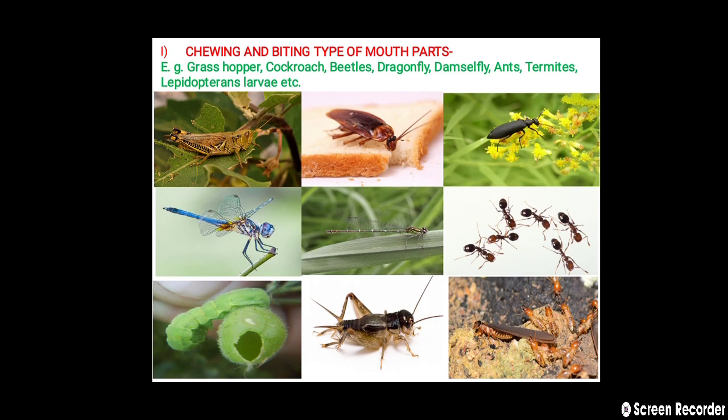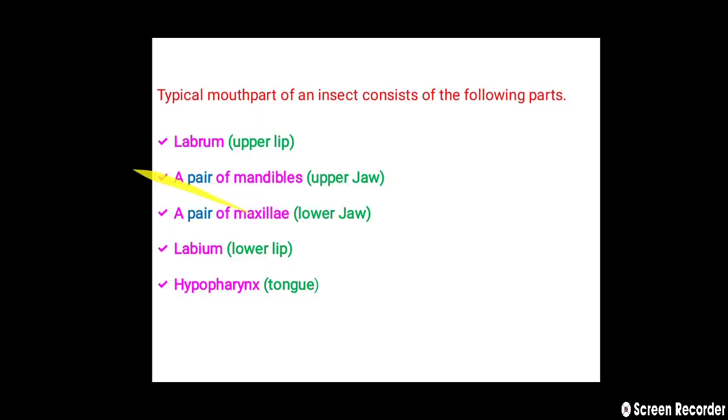First is the chewing and biting type of mouthpart. In insects like the grasshopper, cockroach, beetles, dragonfly, damselfly, ants, termites, lepidopteran larvae, the chewing and biting type of mouthparts are present. A typical mouthpart of an insect consists of the following parts.